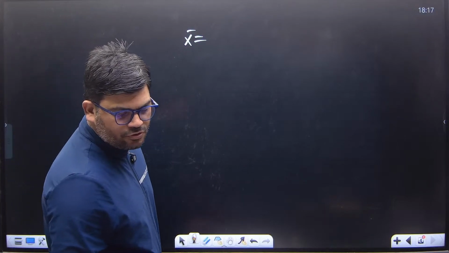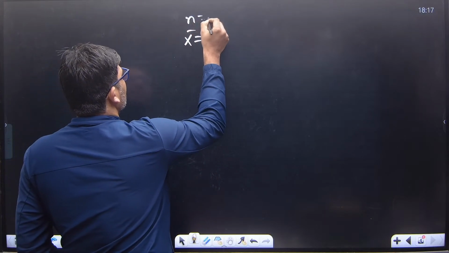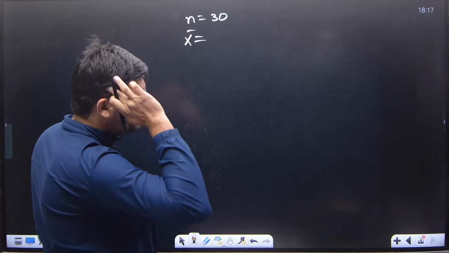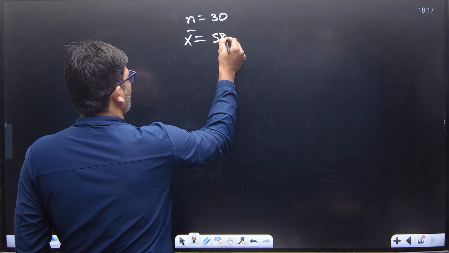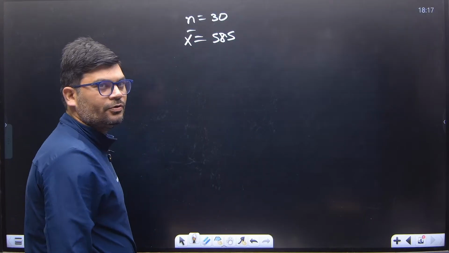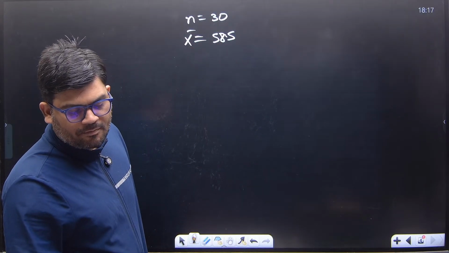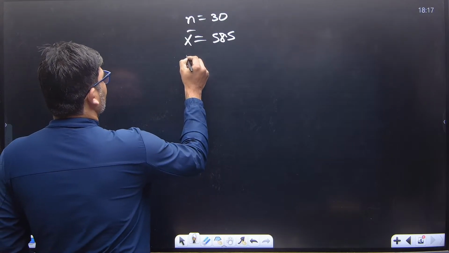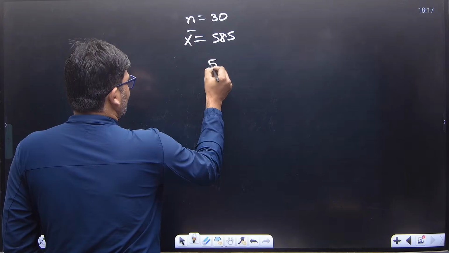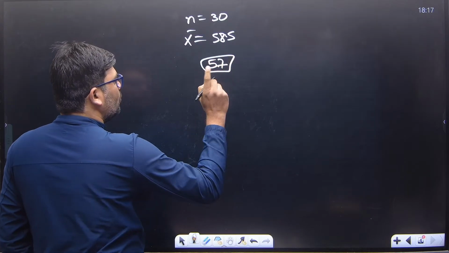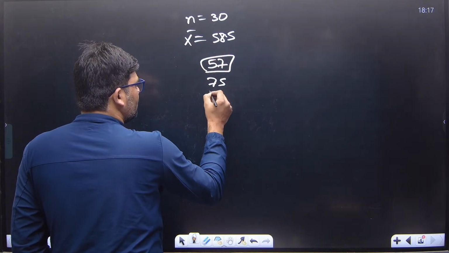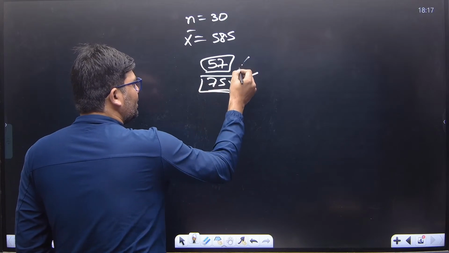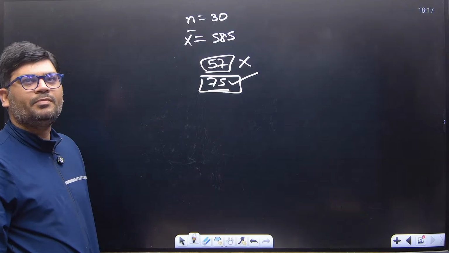Okay, so here is a new question for you. There are 30 students and the mean of these 30 students is calculated as 58.5. Now they are saying that the marks of one student was wrongly copied as 57 instead of 75. So what needs to be added was 75, but accidentally they wrote the wrong number and calculated the mean.